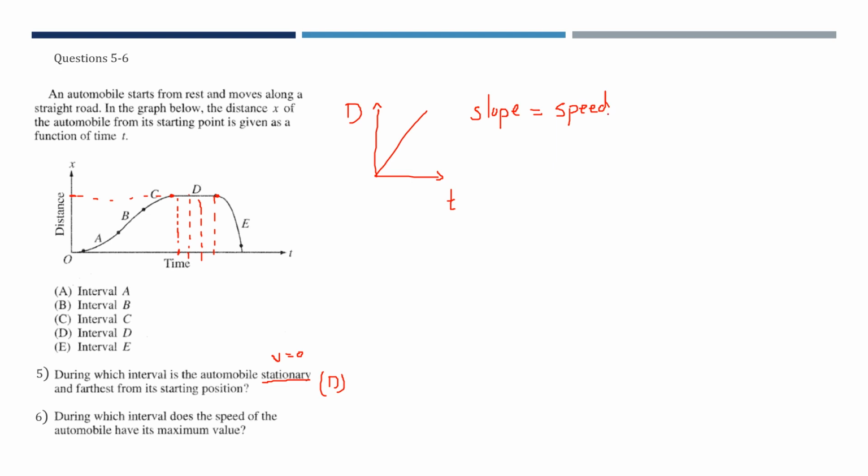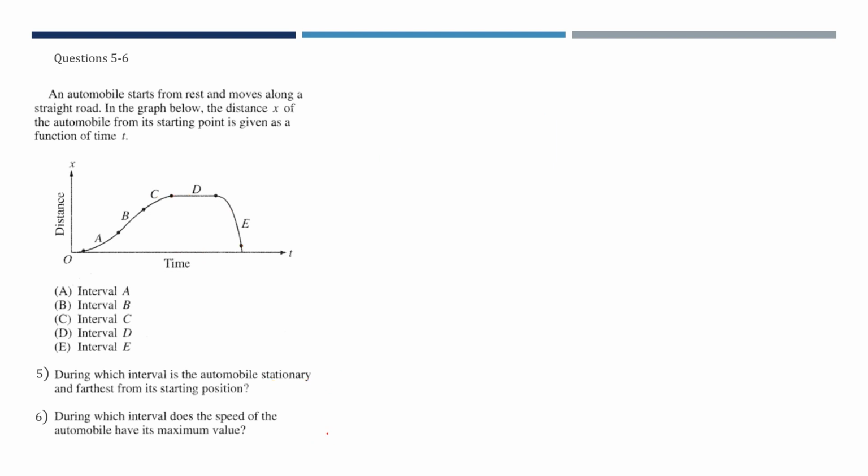Which interval has the highest inclination or steepness, the highest slope? Can you figure it out? Yes, it's E. E has the greatest steepness, the greatest slope. It doesn't matter whether it's positive or negative, we have the greatest inclination. So interval E has the highest slope, which means the maximum value for speed.